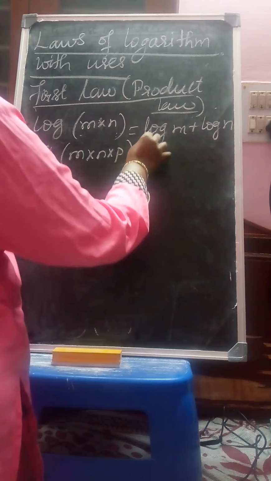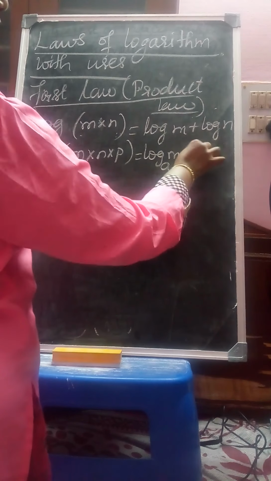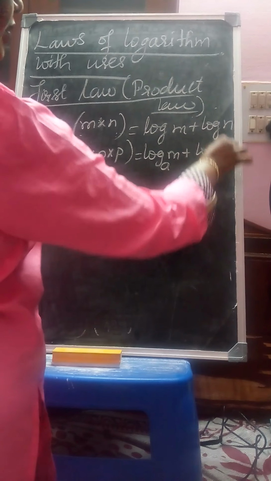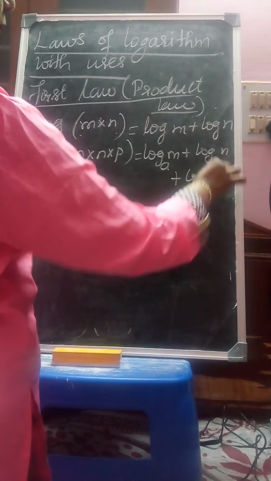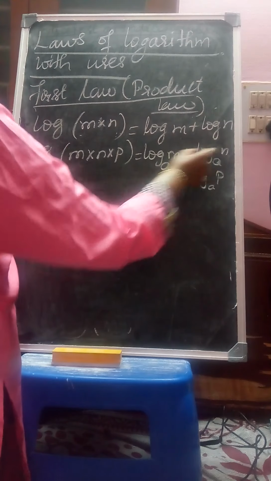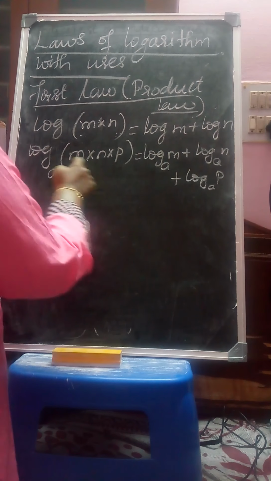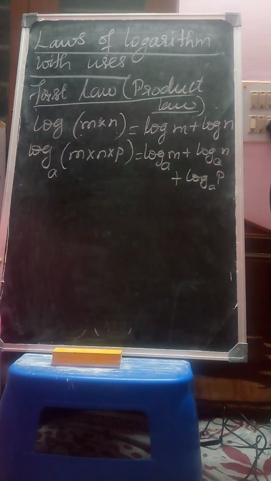Here it will be log a of m plus log a of n plus log a of p. So each factor will be taken with log, and when it is a product, it will be an addition.